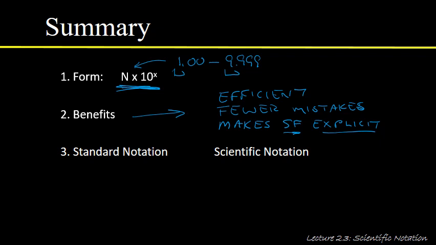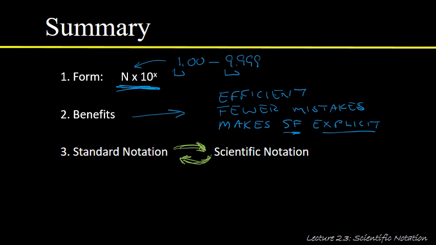We also talked about how to go back and forth from standard notation to scientific notation, so you should be able to do that, retaining the same number of significant figures.